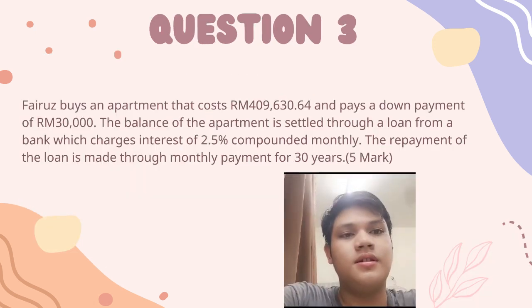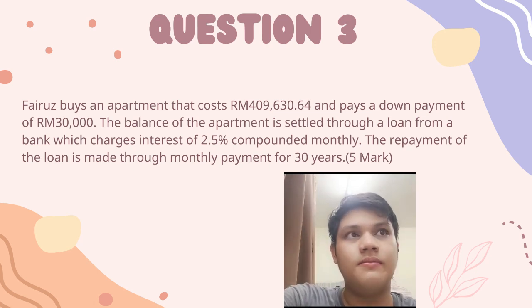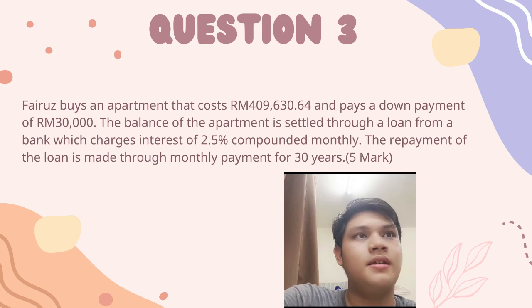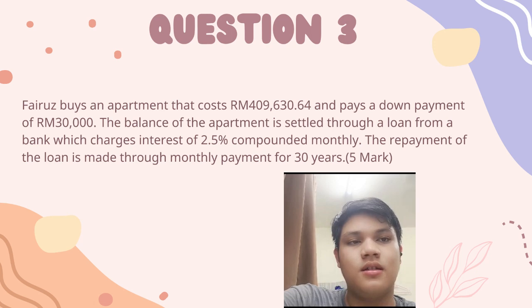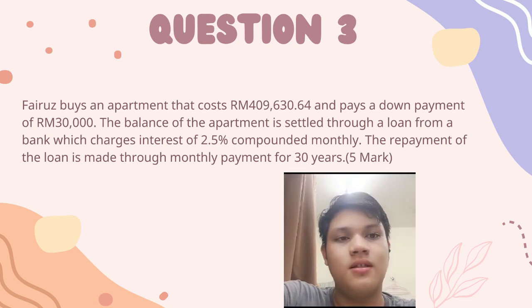Next, for question 3 part B: Fairuz buys an apartment that costs RM 409,630.64 and pays a down payment of RM 3,000. The balance of the apartment is settled through a loan from a bank which charges interest of 2.5% compounded monthly.